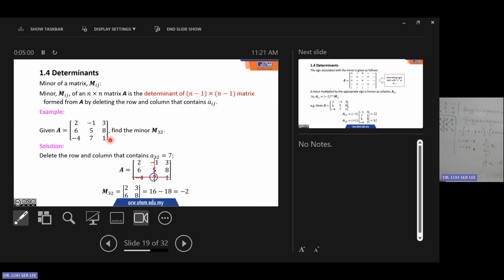So we remove this row, we remove this column. What is left? 2, 3, 6, 8. And the minor is the determinant of the matrix left. This is a 2 by 2 matrix, so the determinant will be ad minus bc. That's why you get -2. So this is a minor.